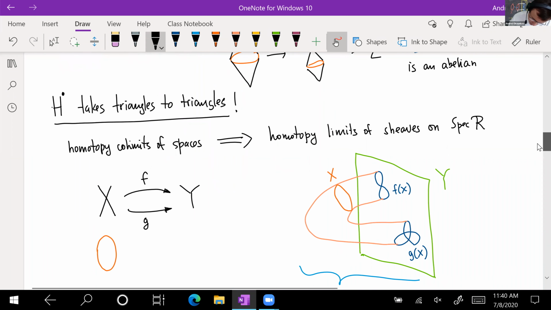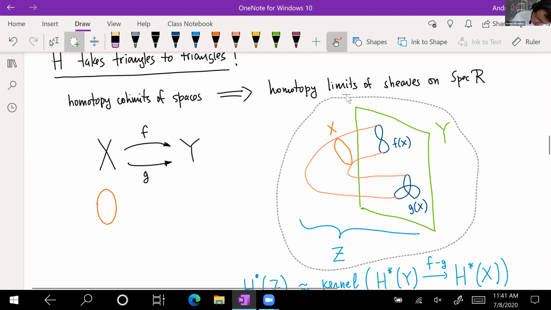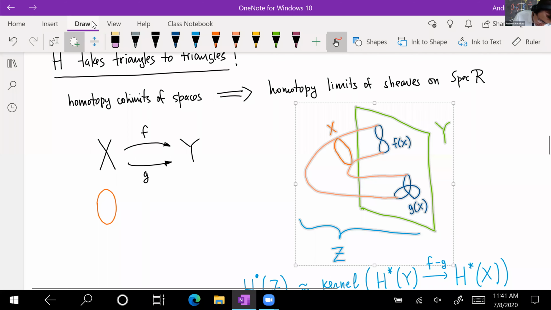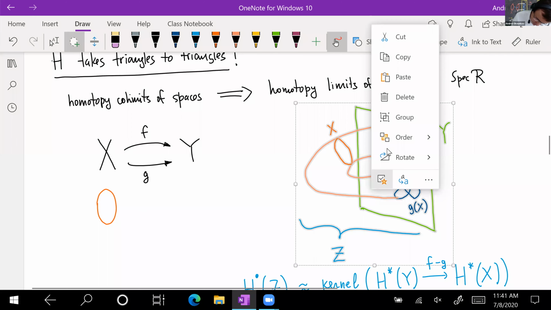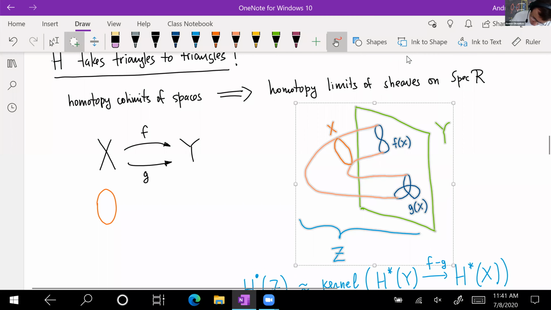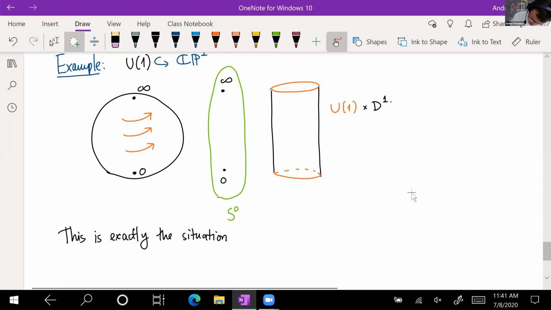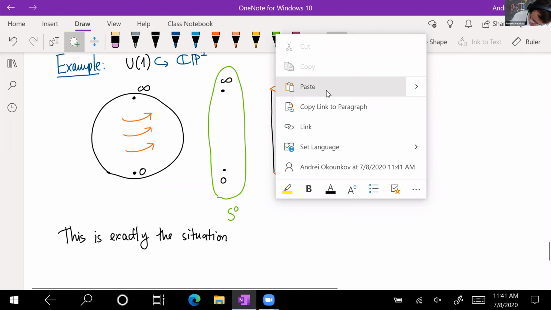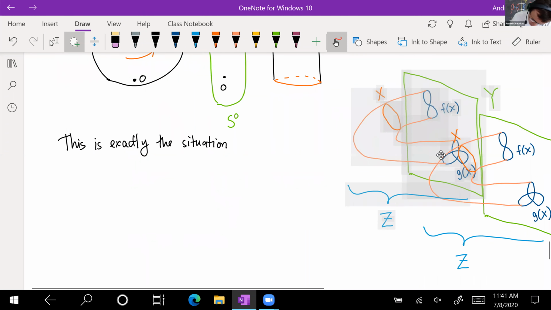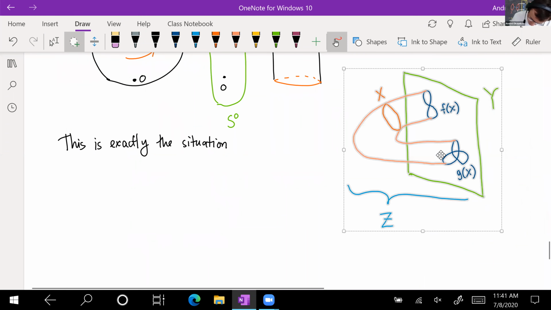It's just this situation. So it's this picture. It's exactly the situation. Maybe paste it here. Maybe I'll make it a little smaller.